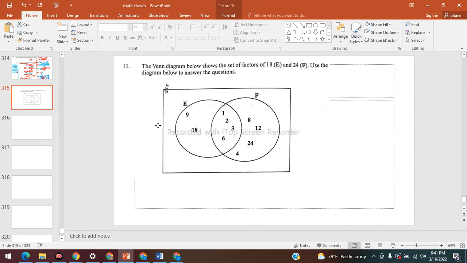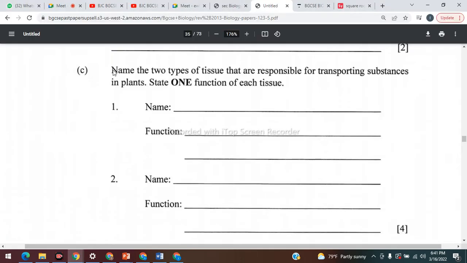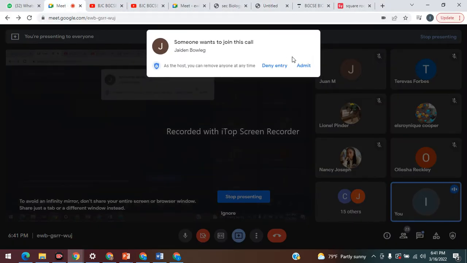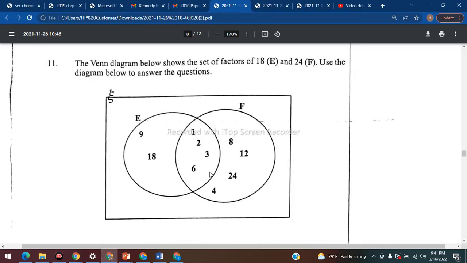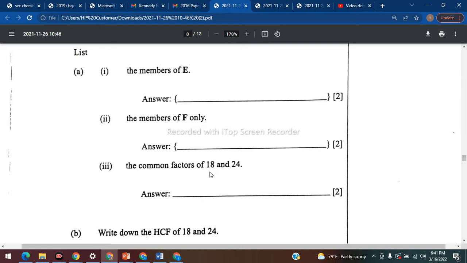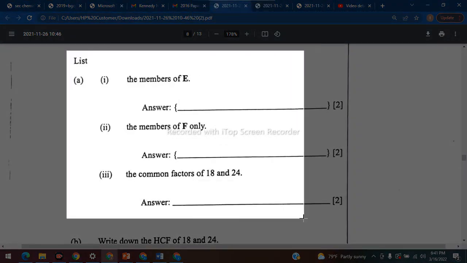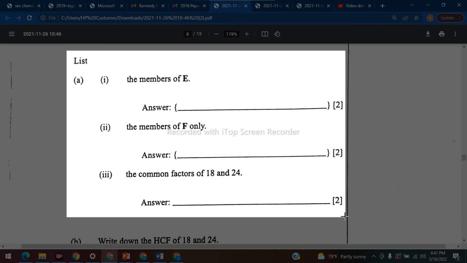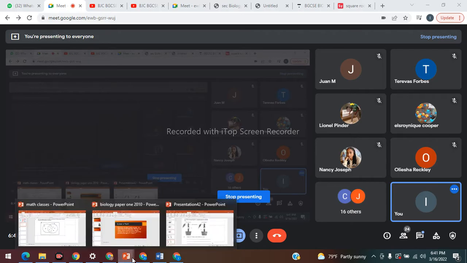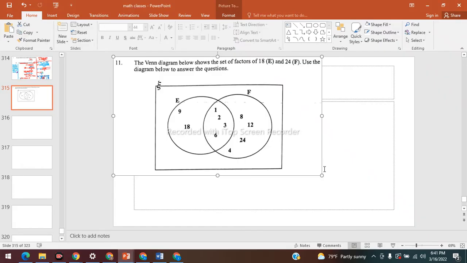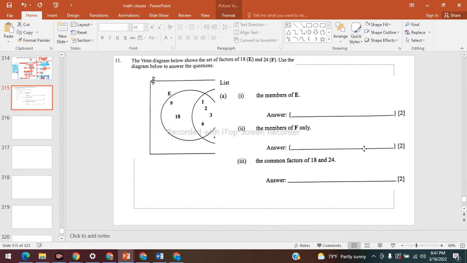So again, sets as usual. For those who've been following us for a long time, you know that sets is one of those things that they love to bring. And so knowing it is very important. Okay, so let's put this on the side here, and then put the questions on the side.